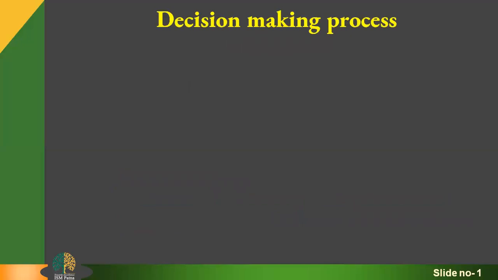Now, here we have a decision making process. What it means is that if the decision making process is a complex activity, involving multiple processes, multiple activities, multiple actions, then what are these activities involved in the decision making process?